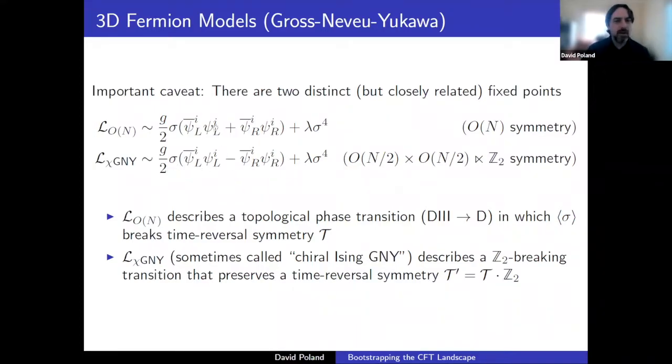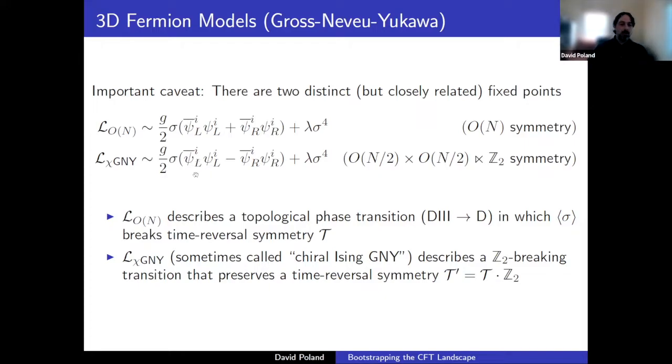In the first model, where all of the Majorana fermions have the same sign coupling, there's an ON global symmetry, which rotates the Majorana fermions into each other. And in the other model, there's a different symmetry.